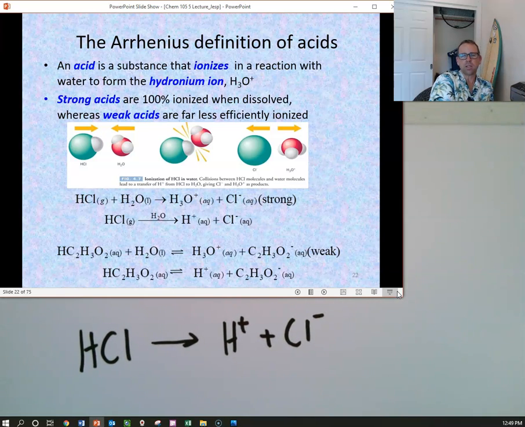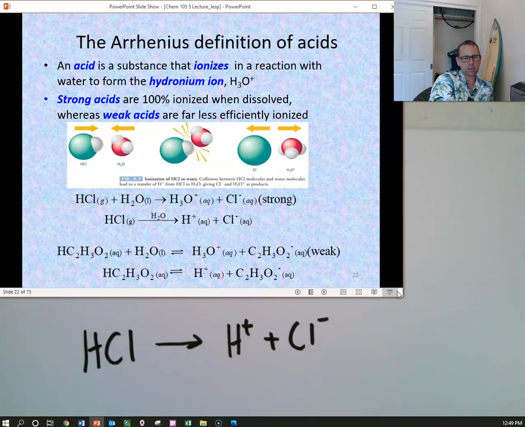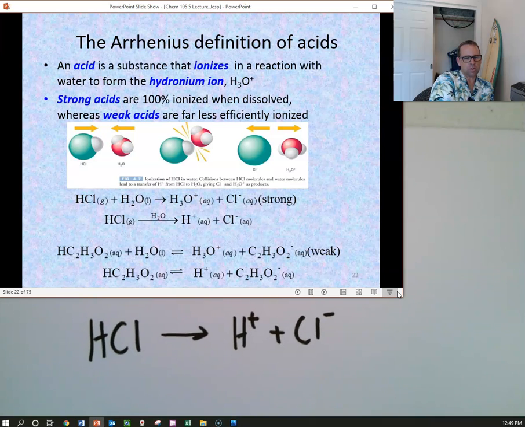That is dissociation, right? So an acid, again, is a molecular compound that dissociates, and one of the dissociative products is always the H plus ion. That's what an acid is.